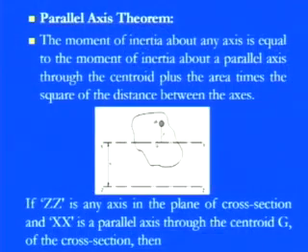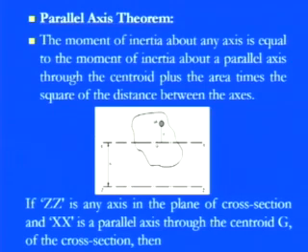Now, we have the next theorem, the parallel axis theorem. In it, the moment of inertia about any axis is equal to the moment of inertia about a parallel axis passing through the centroid, plus the area times the distance squared, whatever the distance is between the axes. This kind of theorem is always useful if we want to find the moment of inertia at a particular section of the total object, because we know the distance.